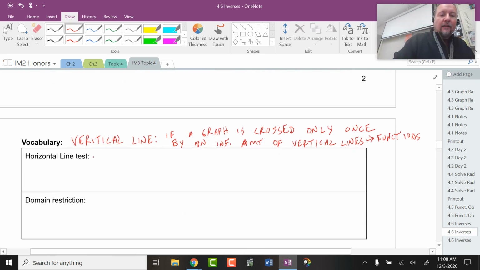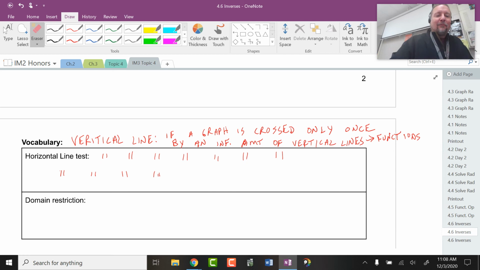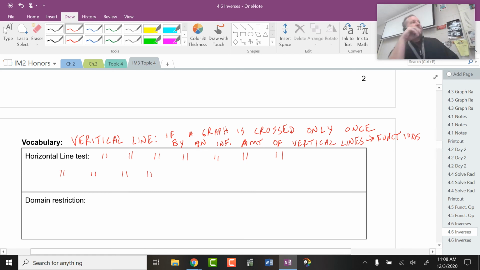The horizontal line test, see, this is note taking 101. If a graph is crossed only once by an infinite amount. Oops. Those are little parentheses. Remember I told you about that, I think it was you guys. Maybe I talk about it with my cat classes a lot. This is note taking 101.